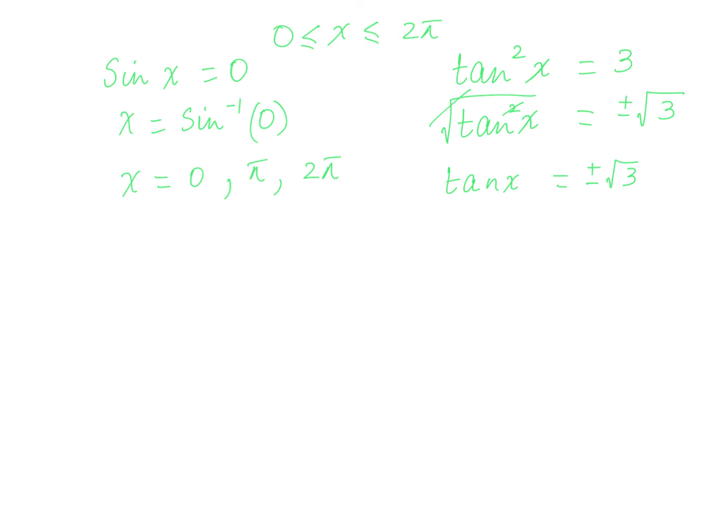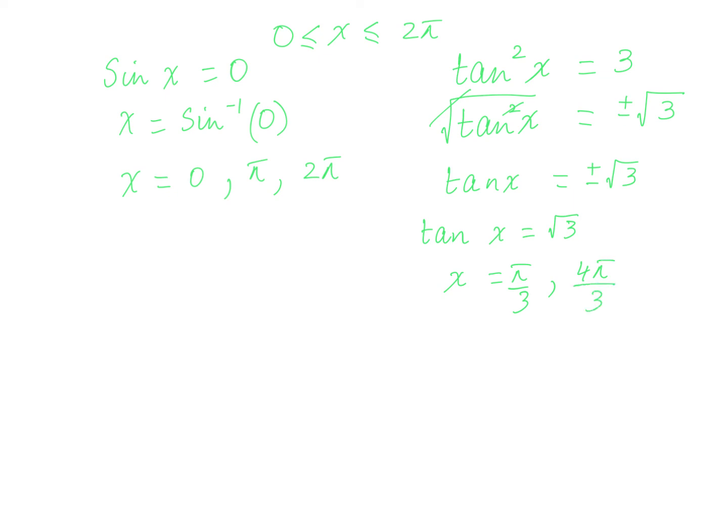If I take the positive value, my solutions would be x as pi over 3, and then in the third quadrant, pi plus pi over 3, which becomes 4 pi over 3. So that would be the second set of solutions.